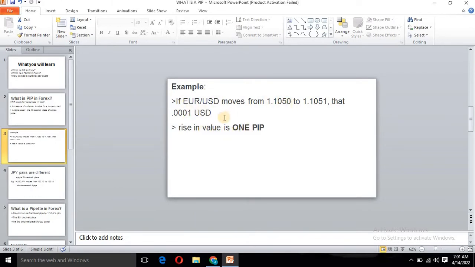Even though it's in points, remember, it's the 4th decimal that we are considering. From here to here, you have 1, which means the rise is 1 PIP, right? Then let's continue.